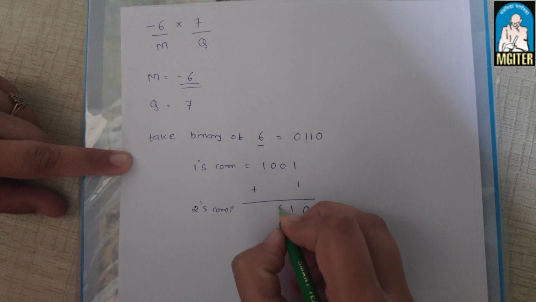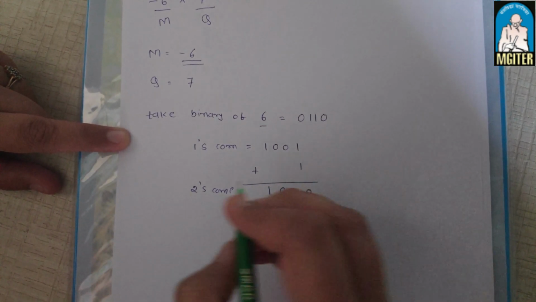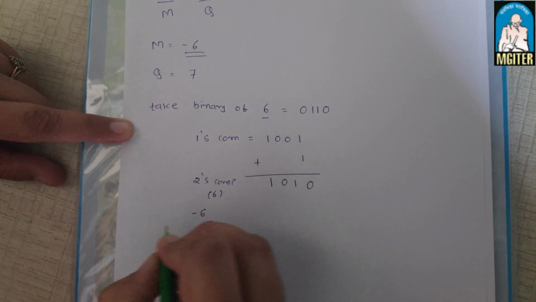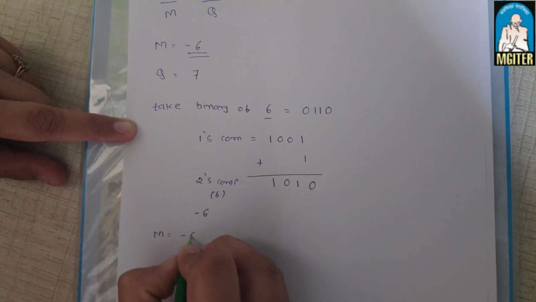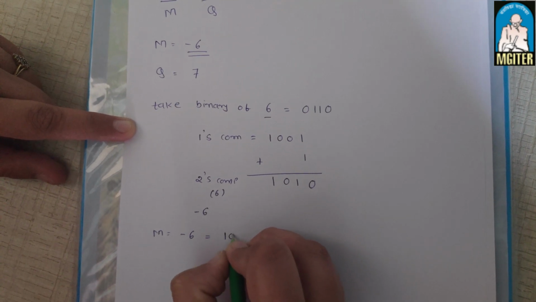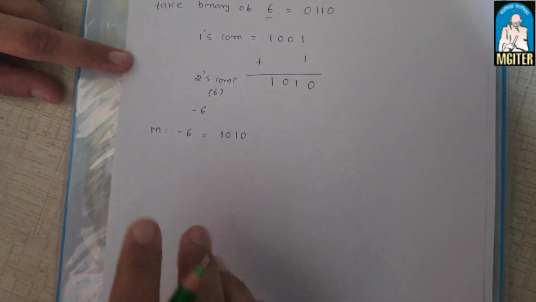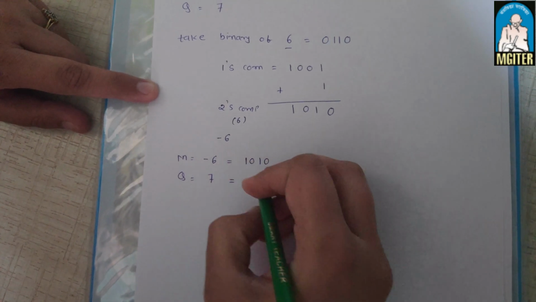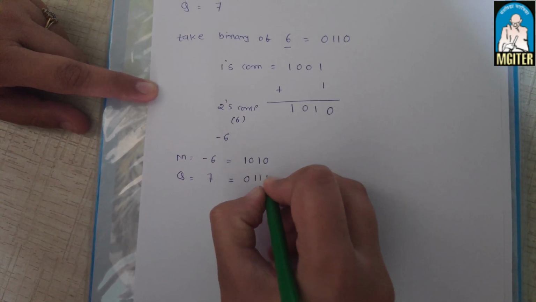So 1 0 1 0 is the 2's complement of 6, which is our minus 6. So M is equal to minus 6 is equal to 1 0 1 0. Now Q is equal to 7. Binary of 7 is 0 1 1 1.